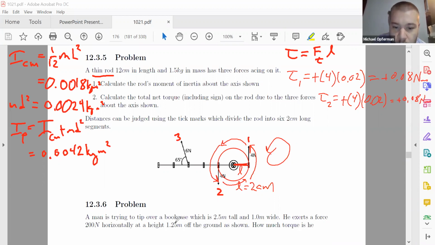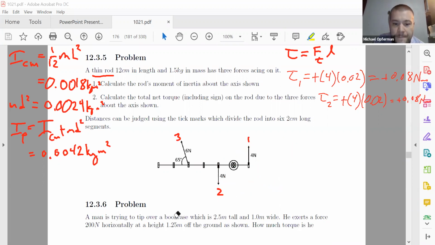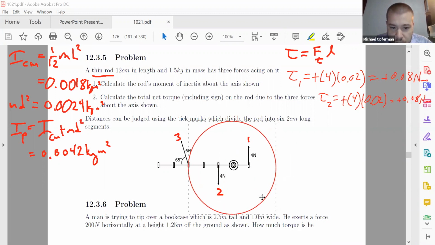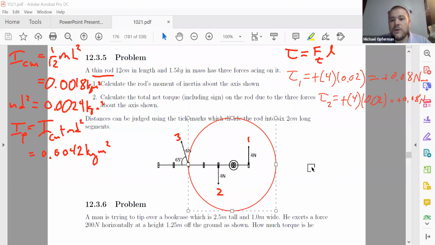Now let's move on to torque 3. So let me erase this stuff because I'm going to need to redraw all that. I'm going to need a new circle for torque number 3. It's going to be a bigger circle. This one might be a little bit tough to draw. Let's see how close I got. That's not too bad. Right, so I'm going to visualize a circle like that.